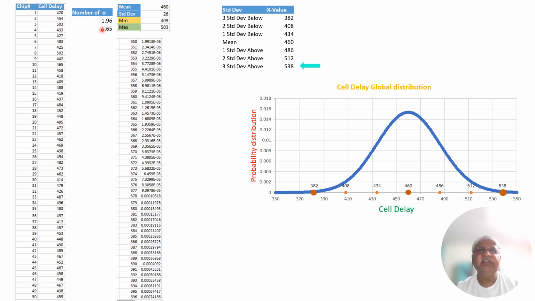This minimum value is here, this point is 1.96 on the negative side in this direction. It is for calculation purposes. This part is considered negative, this part is considered positive sigma, and this one is the maximum value. So this is how the distribution of the data is configured in the Gaussian distribution. Again I am telling you, the distribution need not be Gaussian.